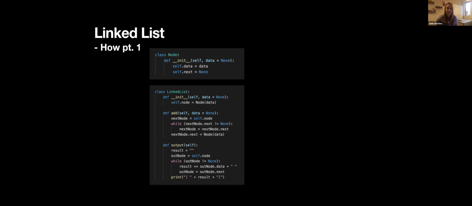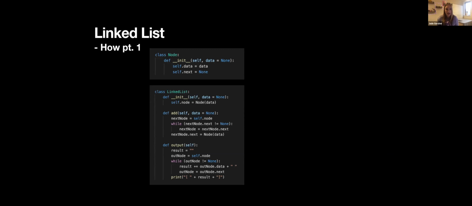When we add, first of all, we'd assign the head node, and we would traverse through our entire linked list until we came to the end. The end would be signified as the node whose next property has nothing assigned to it. And then we would assign in the next property of that node, that is the tail of the linked list, the node that we're creating now for that newly added data.